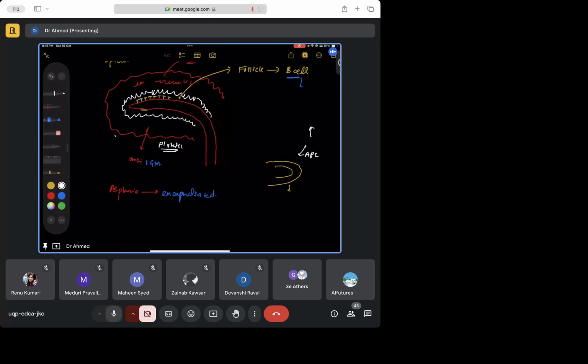But if we have certain bugs that have this capsule, the antigen presenting cells cannot directly eat them and present them on their MHC class 2. You need a tag for them. That is IgM. You need IgM for the antigen presenting cells to recognize your encapsulated bacteria, right? So, for example, if a person has asplenia, it means half of his IgM is going to be absent.